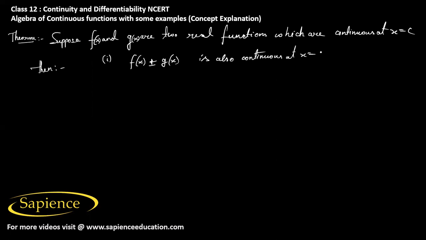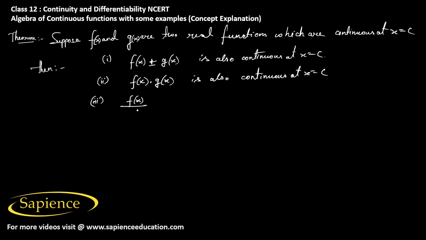And then the second rule is that f of x into g of x is also continuous at x equal to c. The third rule is that f of x divided by g of x is also continuous at x equal to c.